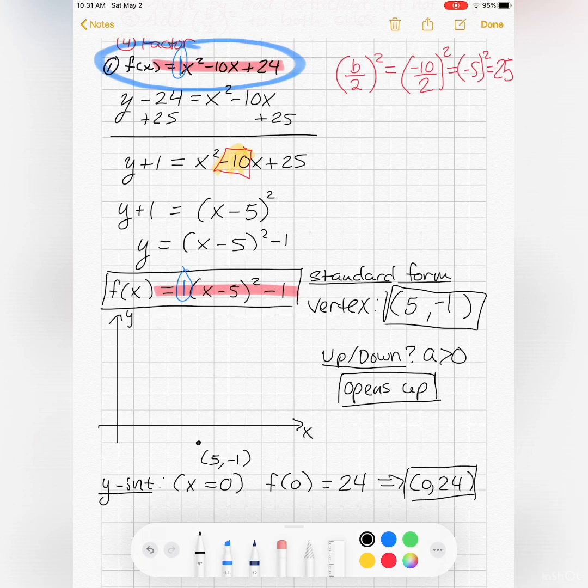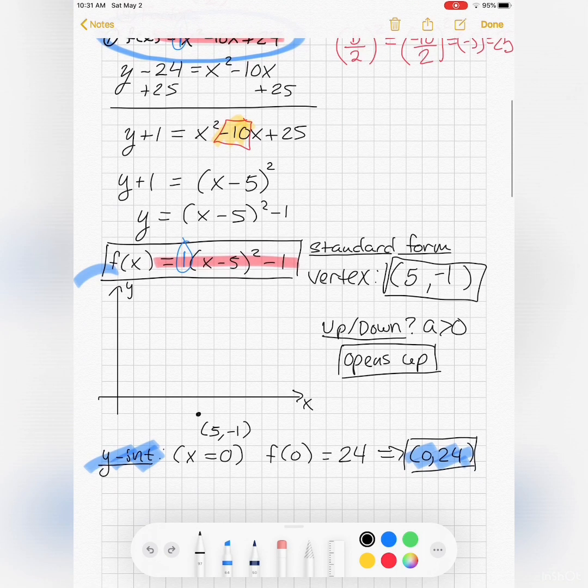So that's my y-intercept. My y-intercept is 0, 24. Now that's going to be way up here on the y-axis. So I have the information. I don't know if I'll put that on the graph for now. Let me see if I can do without it.